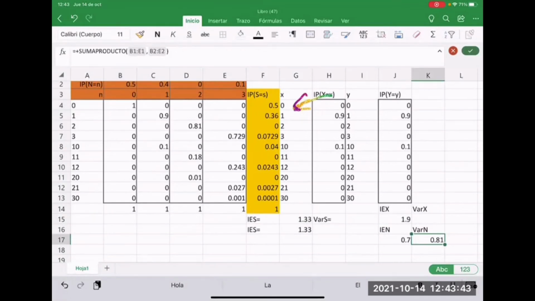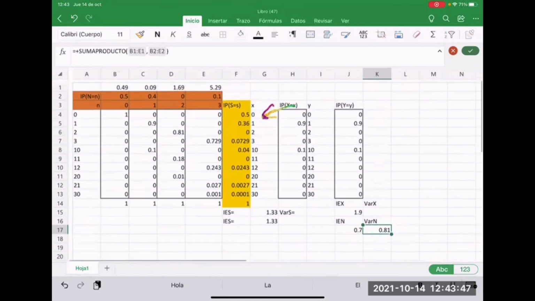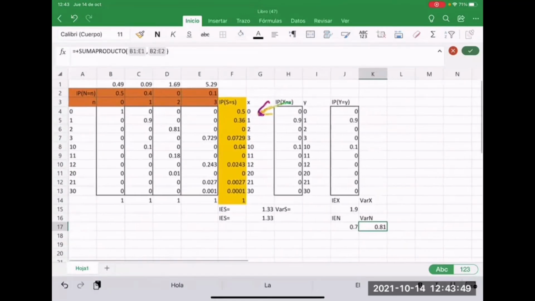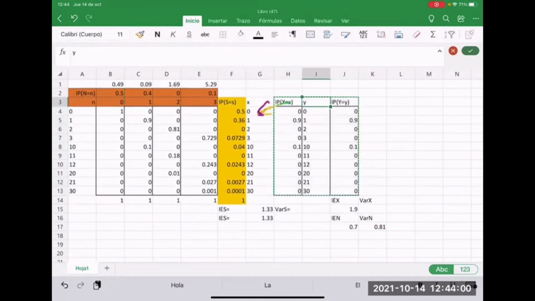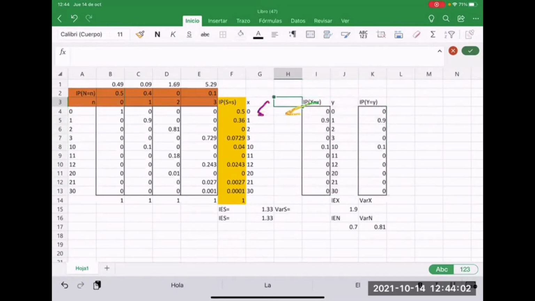Now, to compute the variance of X, what we need to do is just to take another column. Here I will represent X minus the expectation of X squared. That's it.